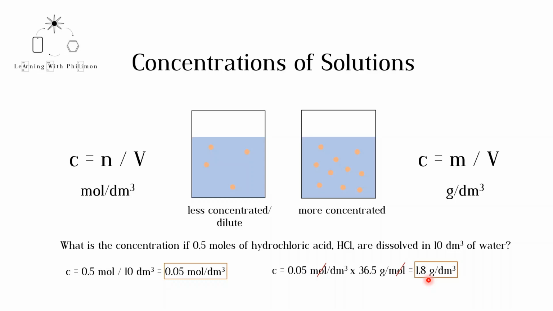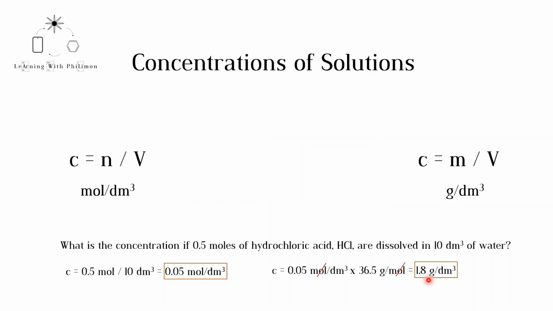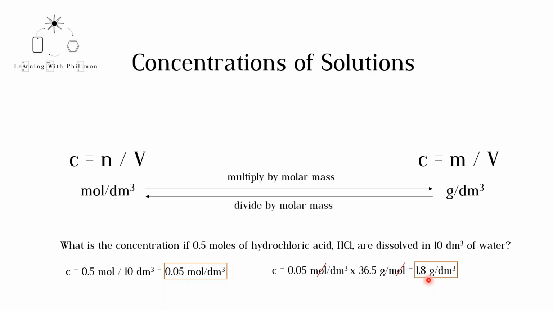This means that there are 1.8 grams of hydrogen chloride dissolved per 1 dm cubed of water. As we saw, to convert from mole per dm cubed to gram per dm cubed, we multiply by the molar mass. To convert from grams per dm cubed to moles per dm cubed, we must divide by molar mass.